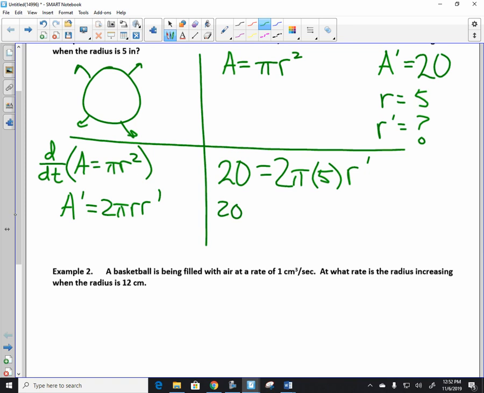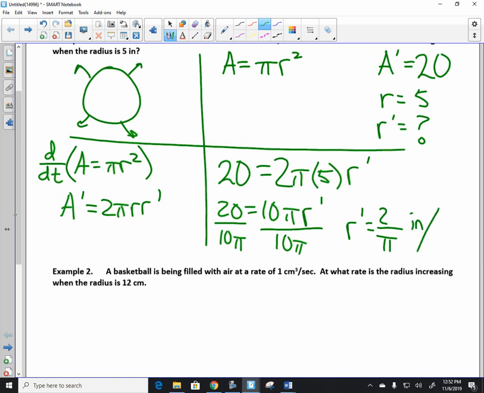We got 20 is equal to 10 pi r prime. Divide both sides by 10 pi, and we get r prime is equal to 2 over pi. And what is our label? Inches. The radius is changing in inches per minute.